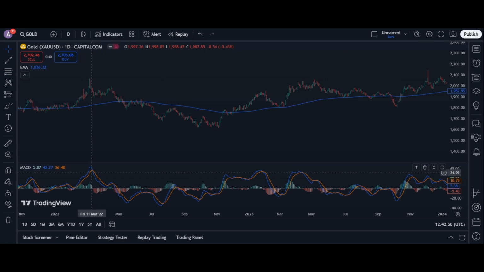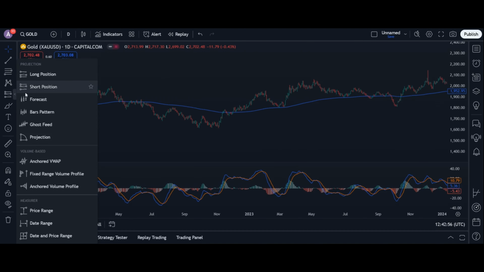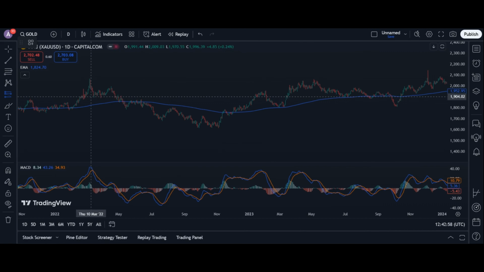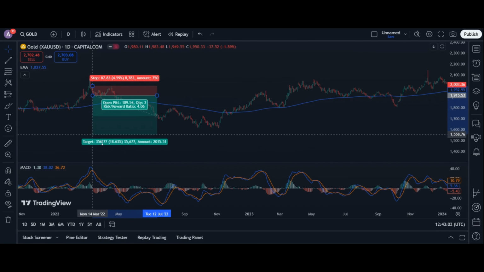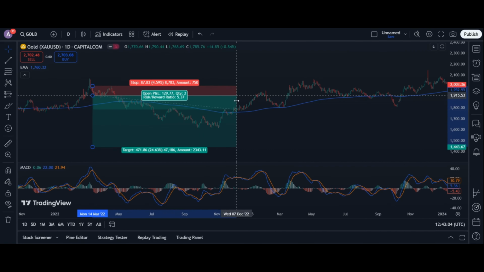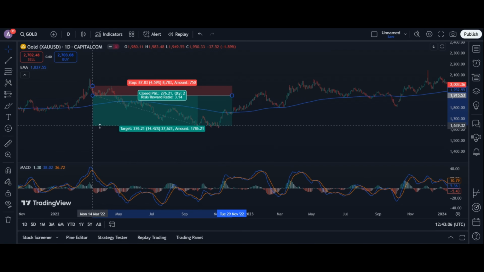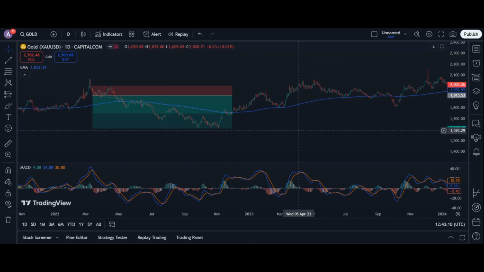So it is the best signal for us to go for a short position, and we can go for a short position from here, exactly this point. And we can see that this was a very accurate prediction, and this proves and substantiates how efficient MACD is in trading.